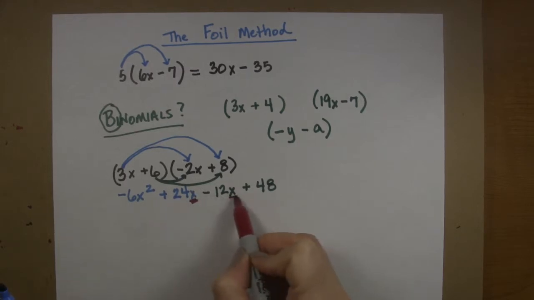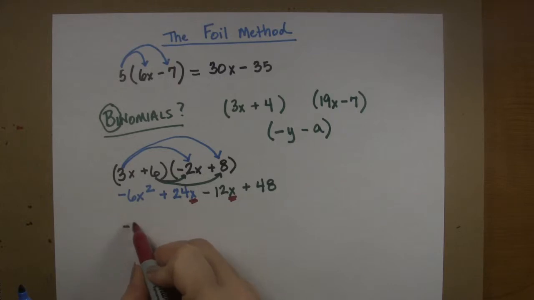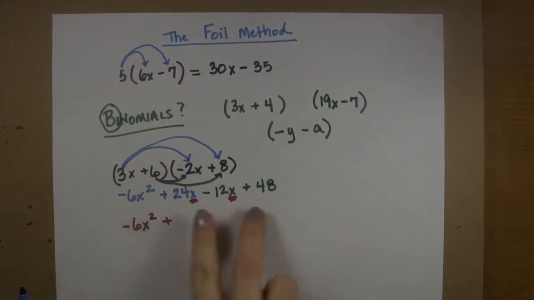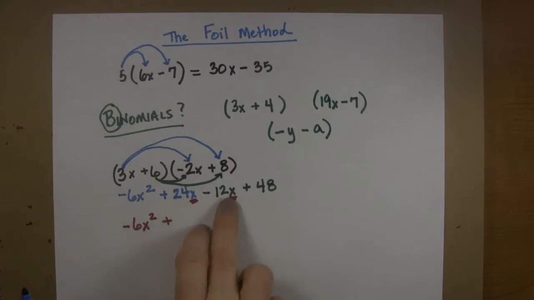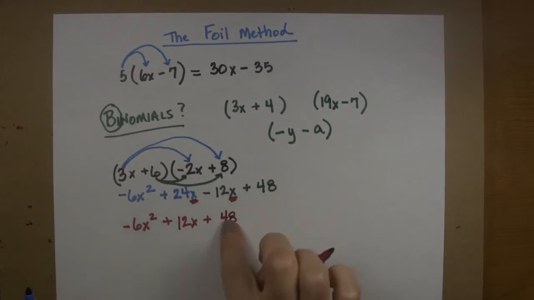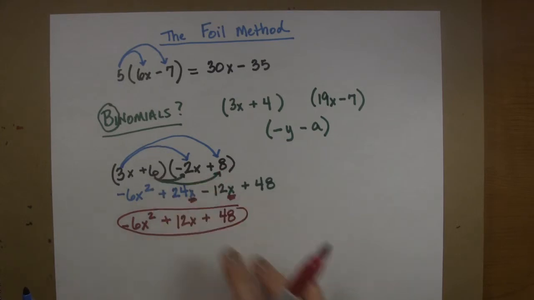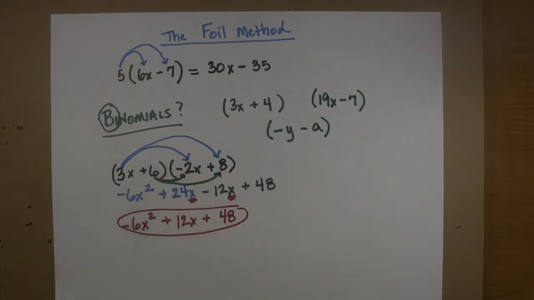I have an x here and I have an x here. Those are the only terms that can be combined. So my final answer is -6x squared plus these two combined, 24x minus 12x, which leaves me with 12x, plus 48, because that just comes down there like that. We have now successfully multiplied a pair of binomials.